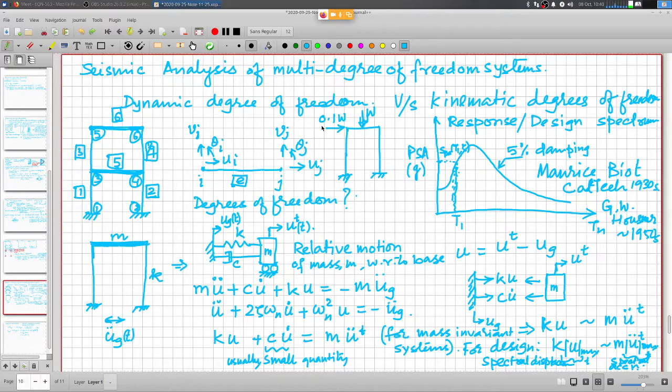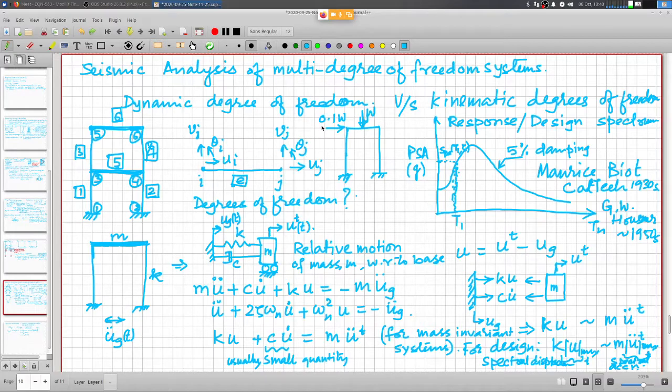But using this response spectrum, it became possible to have a rational basis of design for the earthquake forces, and the idea was so simple and so easy to use that it caught on, and even after almost 70 years, we still don't have anything to replace it.